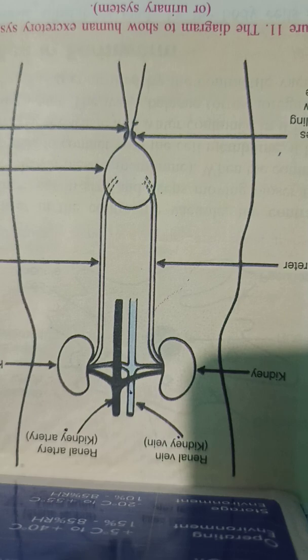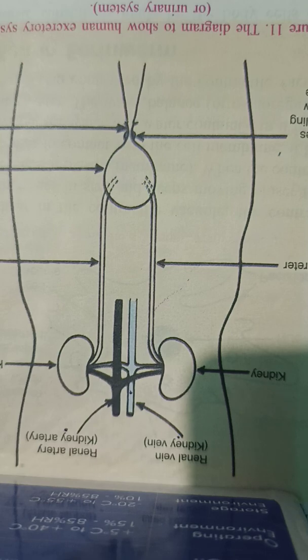Also in human beings and other vertebrates, the excretory organ is the kidney, but it also consists of skin, lungs, liver, and also large intestine. Now excretion mainly occurs through the urinary system. In human beings, the excretory system is known as the urinary system or excretory system, right?